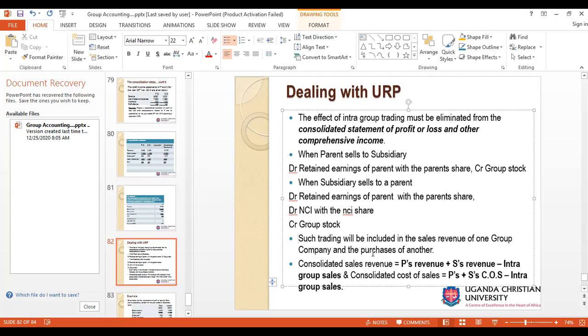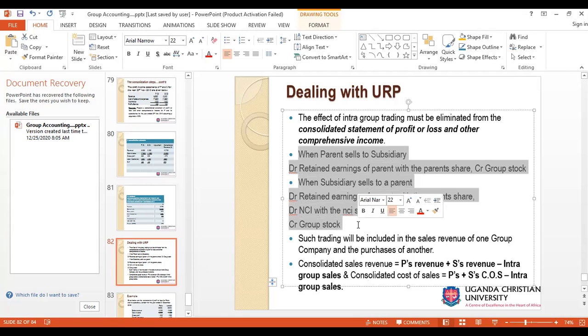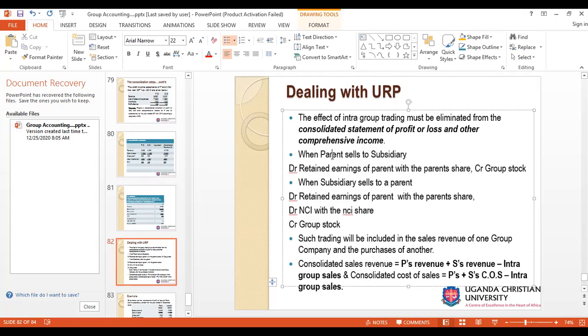Now, such trading will be included in the sales revenue of one group company and the purchases of another. From here up to here, we are accounting for the profit. If there is an unrealized profit, how do we handle it? If the parent sells to the subsidiary, this is what you do. But if the subsidiary sells to the parent, this is what we do.